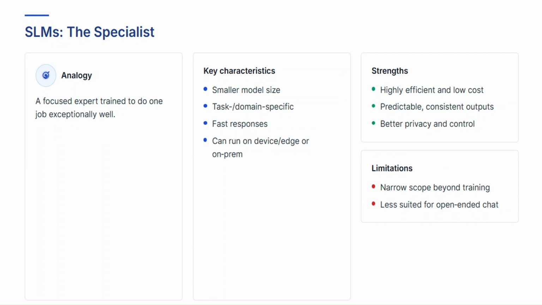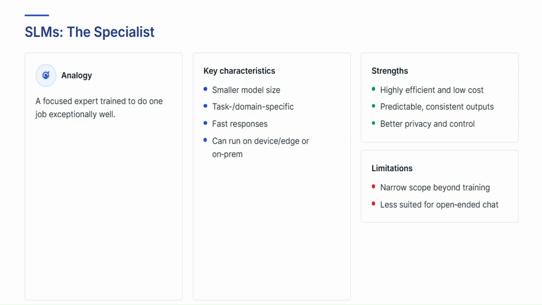Now, let's look at small language models, or SLMs. An SLM is best compared to a highly trained specialist, someone who does one job exceptionally well. SLMs are smaller in size and trained for specific tasks or domains. Because of this, they are faster, cheaper, and more predictable.